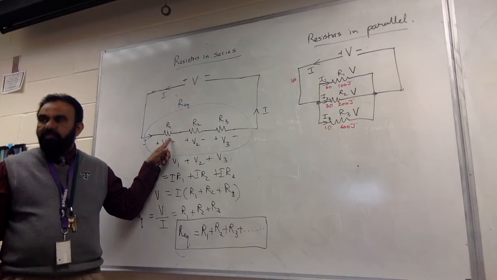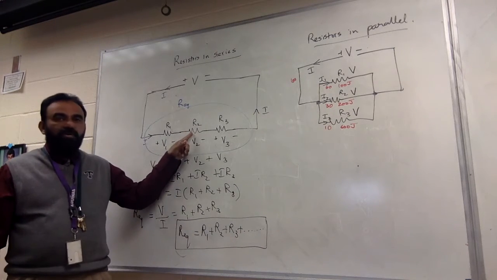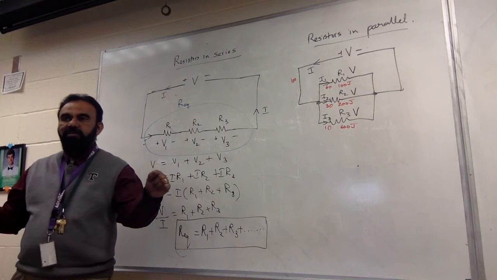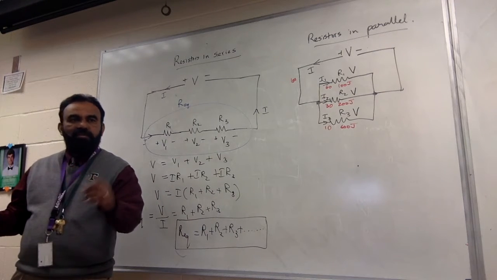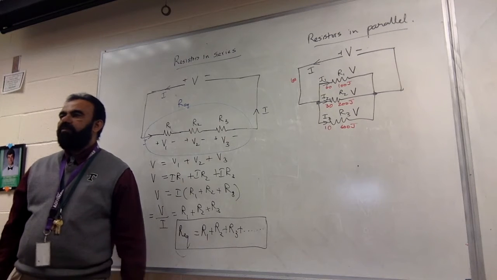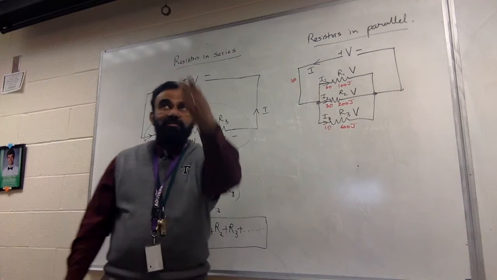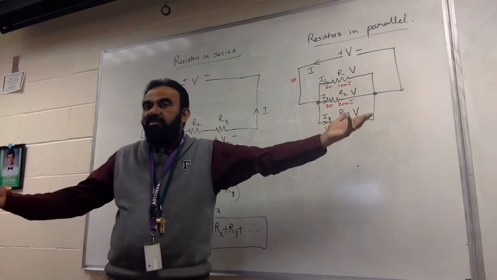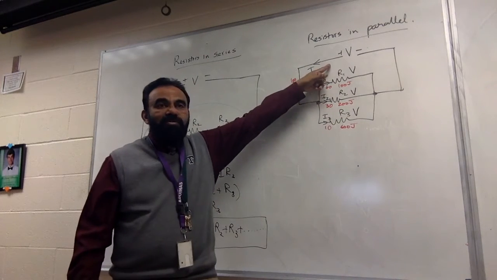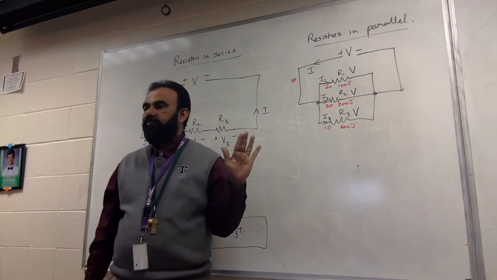Make sense? So in series, the current is decided by looking at the overall thing. So if this is broken, the entire thing is out. That's why in Christmas lights, if one bulb is gone, the whole segment is out. It's pretty tough to find out which one is out. Whereas in parallel, if one is out, only one is out. The rest is getting the same share. 110 volts connected to all of them. So each one is getting its share.